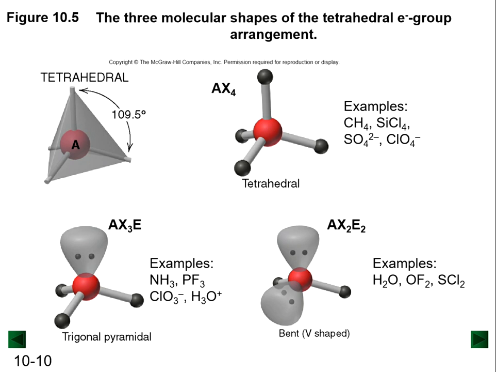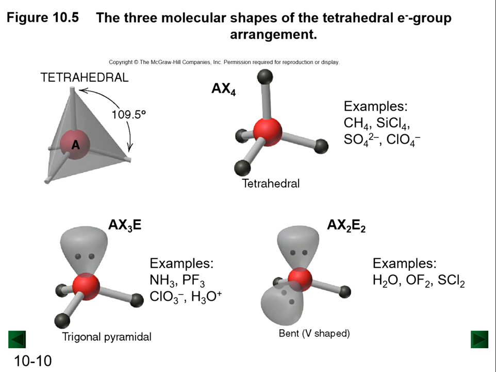If one of the electron groups is a lone pair, then the structure is, as is shown in the lower left-hand corner, a trigonal pyramidal structure. Examples of this are NH3 or ammonia, PF3, phosphorus trifluoride, and the polyatomic ions chlorate and hydronium ion.